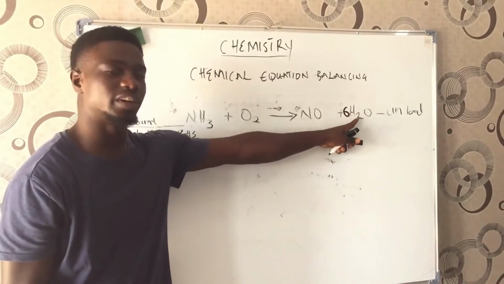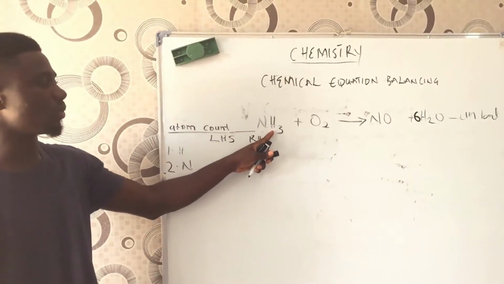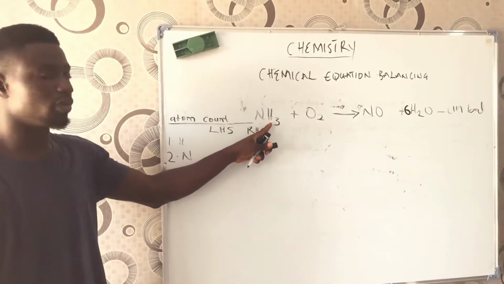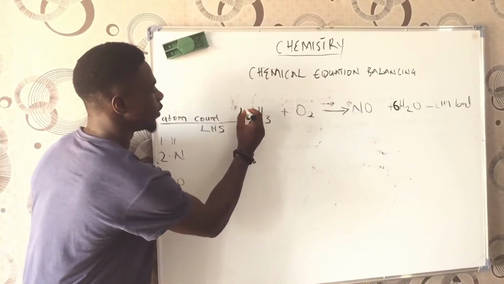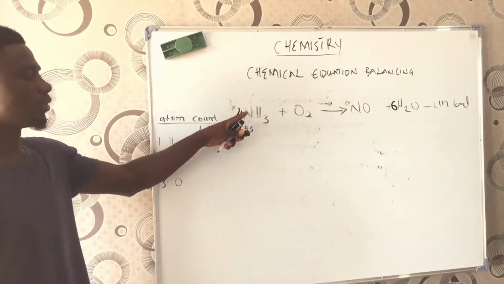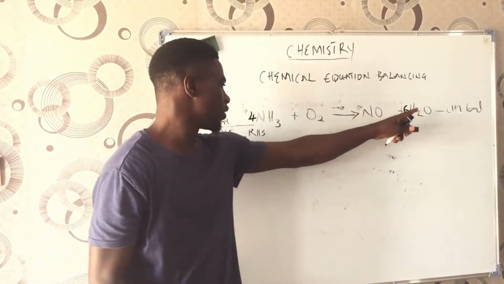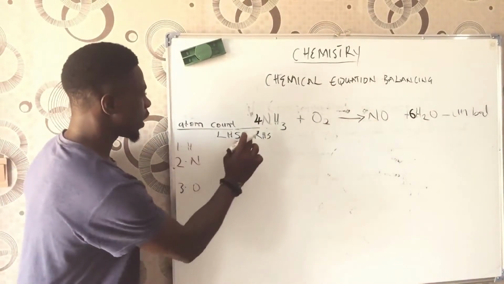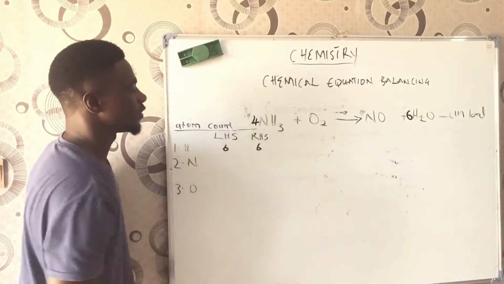If we're having 12 hydrogen atoms here, we're also going to have 12 hydrogen atoms here. To make this 12 hydrogen atoms, we put a 4 in front of our ammonia. So 4 times 3 gives us 12, and 6 times 2 gives us 12. Now we're having 12 hydrogen on the left hand side and 12 hydrogen on the right hand side.